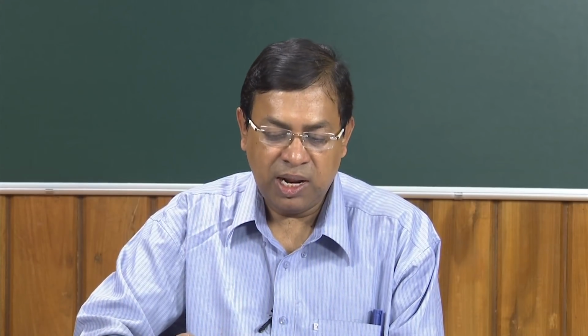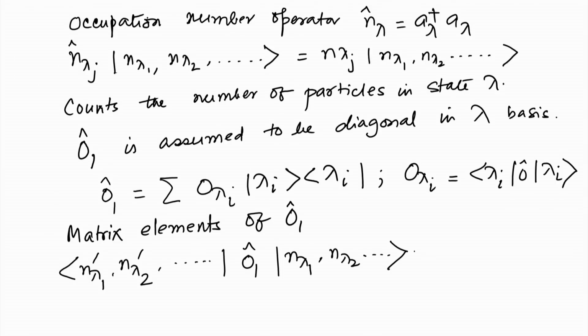So, n lambda prime and n lambda form the Hilbert space of the problem, and this is equal to a O lambda I, n lambda I, times the states n lambda 1 prime, n lambda 2 prime, and n lambda 1, n lambda 2, and so on. So, that is the matrix element of the one body operator, which I am trying to write in terms of the creation and the annihilation operators.